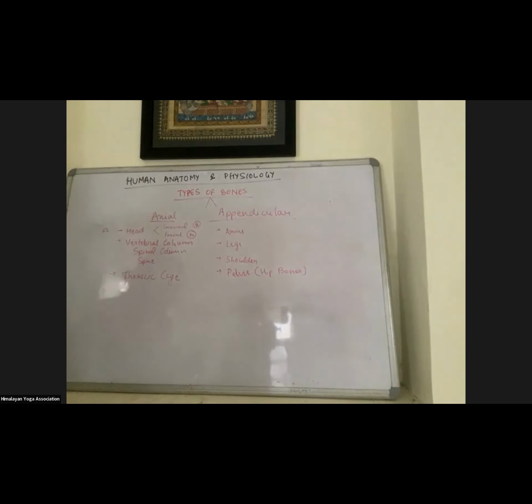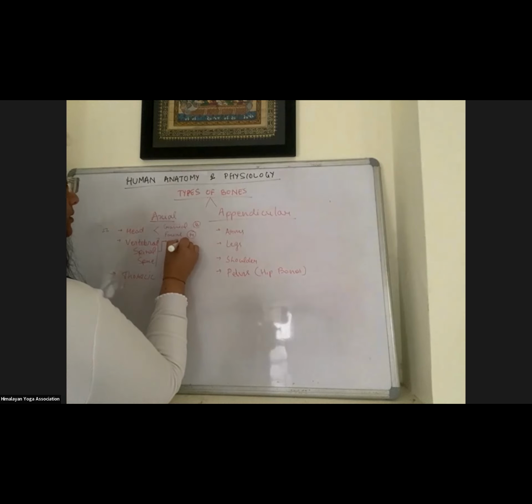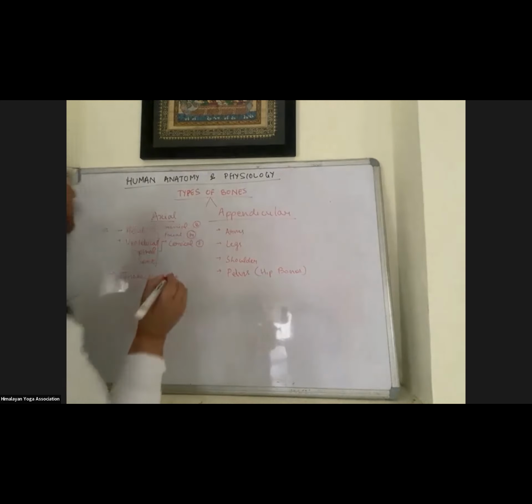Now the vertebral column or spinal column has cervical bones, 7, C1 to C7.